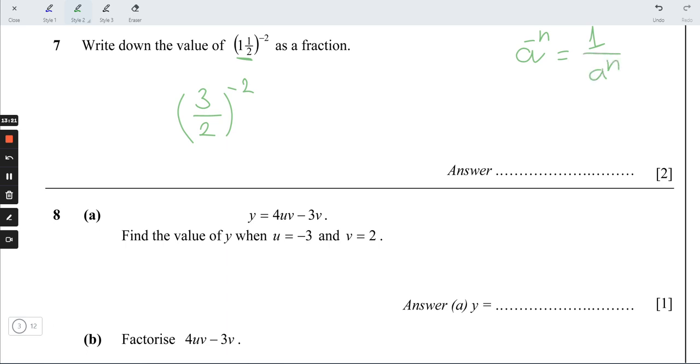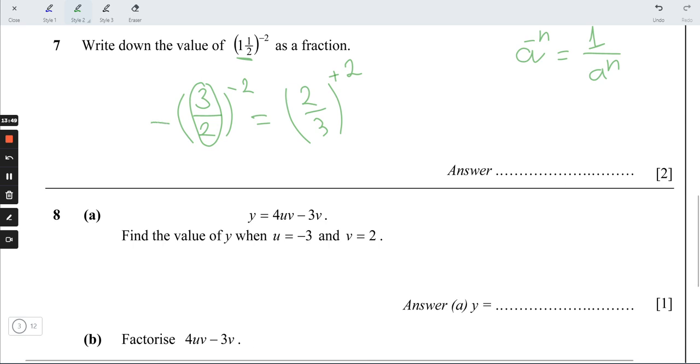So here a is 3/2, so we need the reciprocal. You have to flip 3/2, so it will be 2/3 to the power of +2, because you are flipping 3/2.